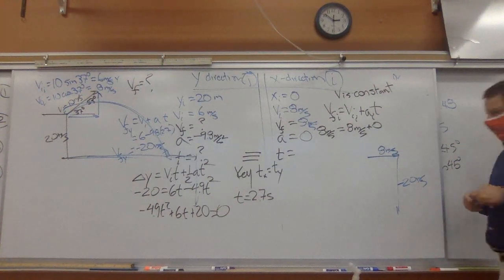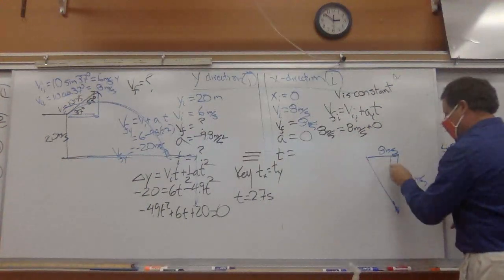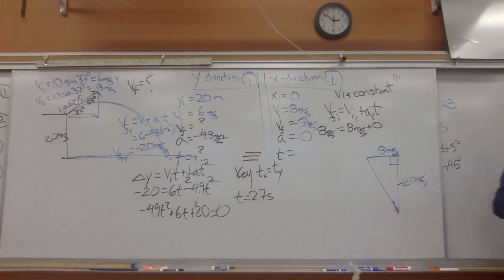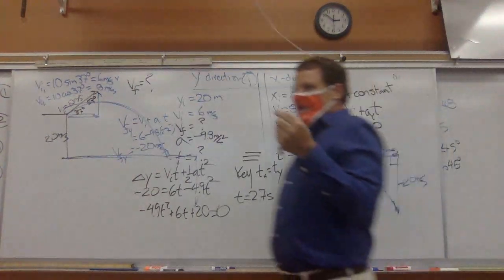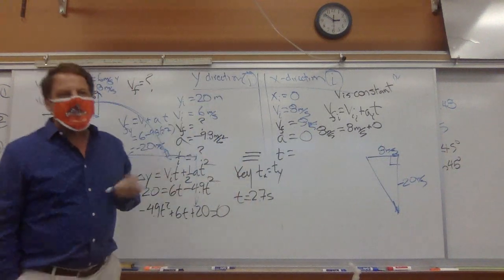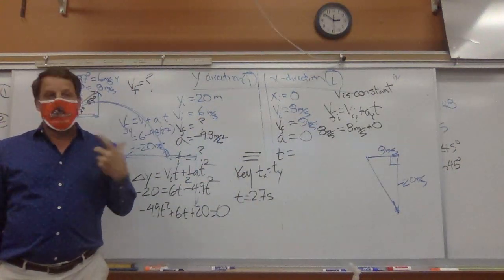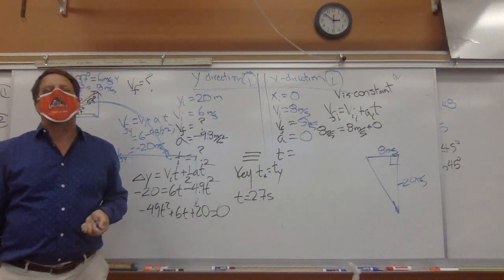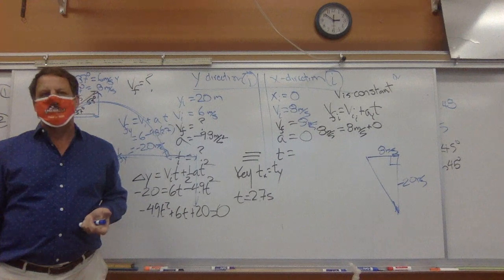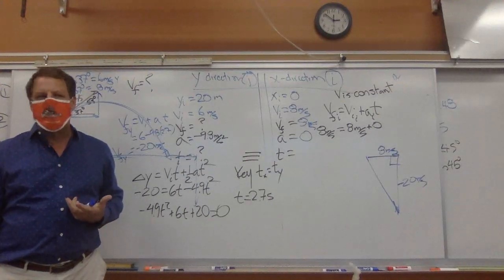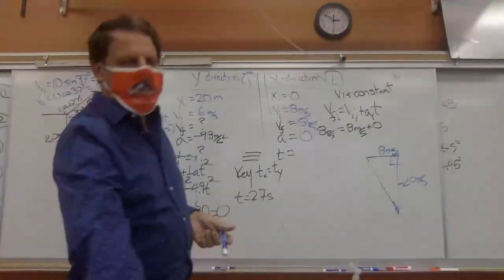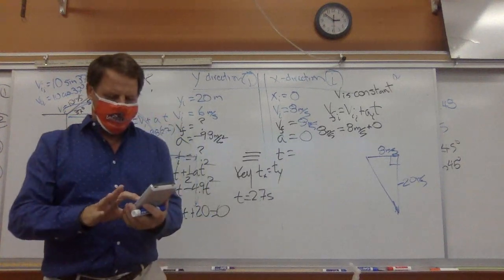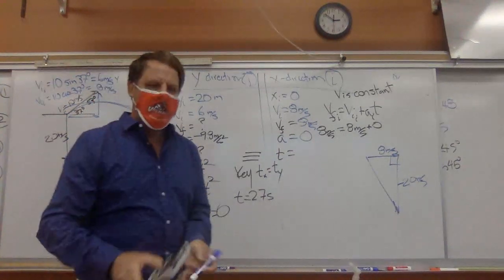So what is our overall velocity? Now what we can do here is say Pythagorean theorem, and we can say 20 squared plus 8 squared, and then we take the square root of that, and we should probably get something about 21.7, I'm guessing. 21.5.